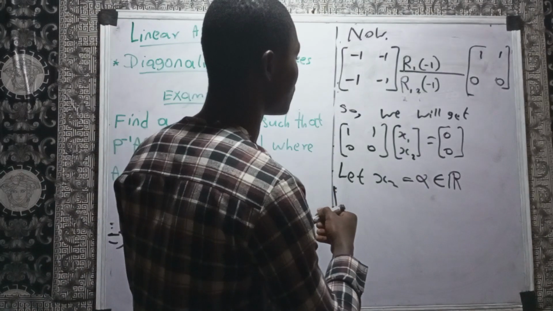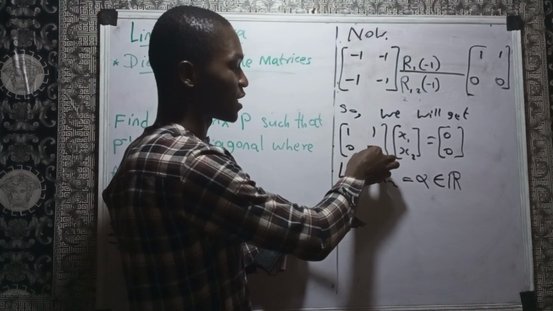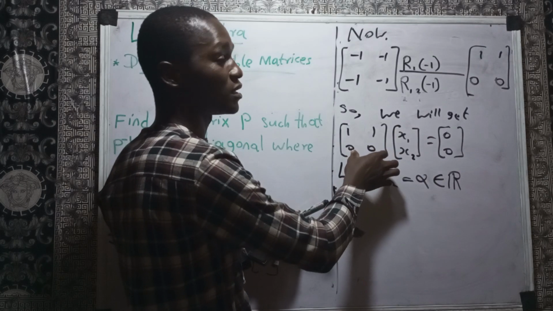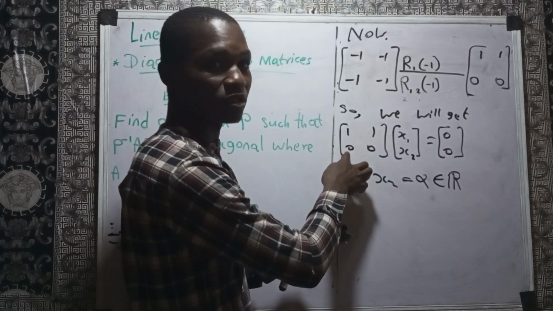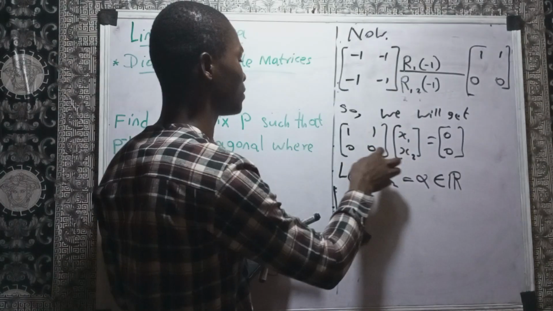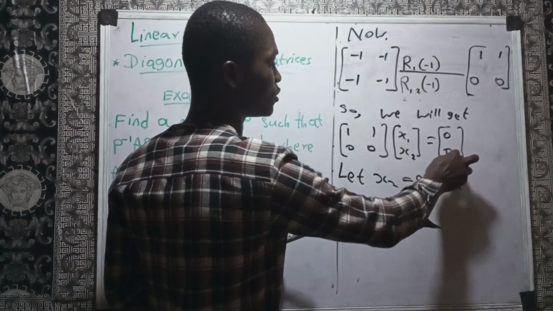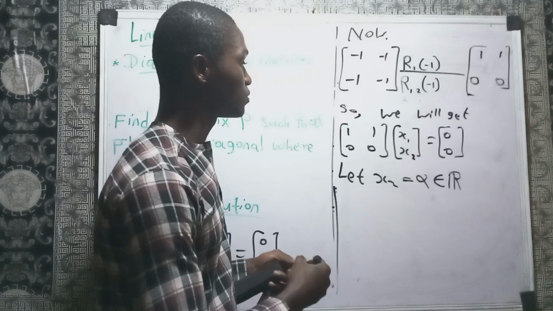So we are going to use that to solve this now. Do the multiplication starting from the last row. x1 multiplied by 0 is 0, plus x2 multiplied by 0 is 0. 0 plus 0 is 0, so you have 0 equated to 0. You did not get any value for x1 and x2.